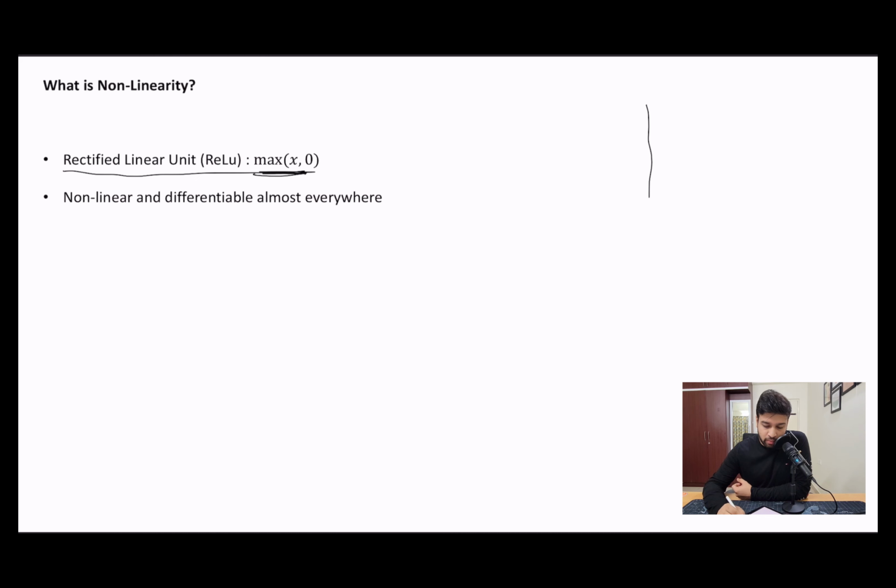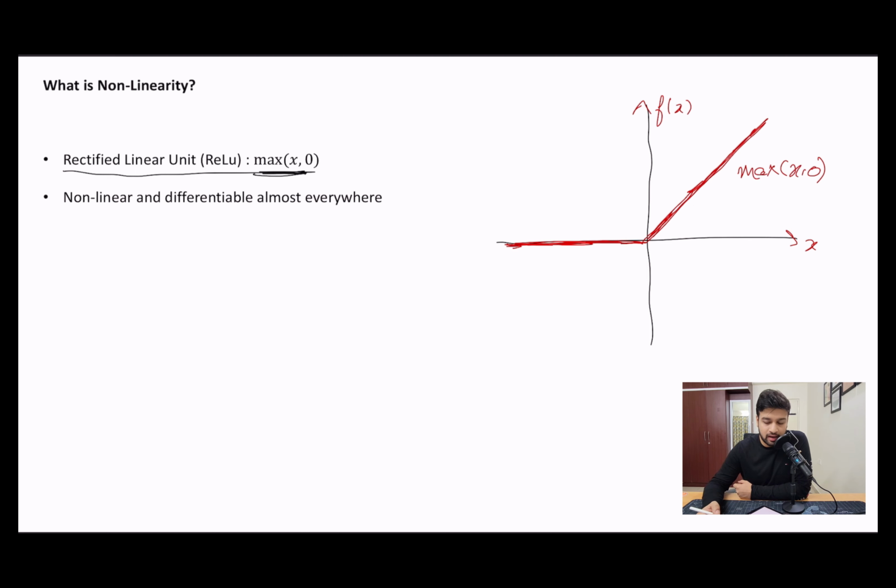So if you want to plot ReLU on a graph, this is your f of x, this is your x, and ReLU is just this line. When x is less than 0, ReLU is 0, and when x is greater than 0, ReLU is x. So this is the simple function.